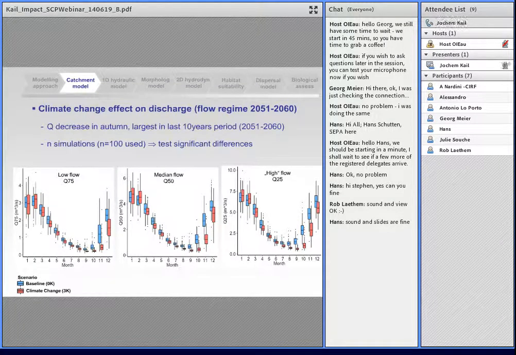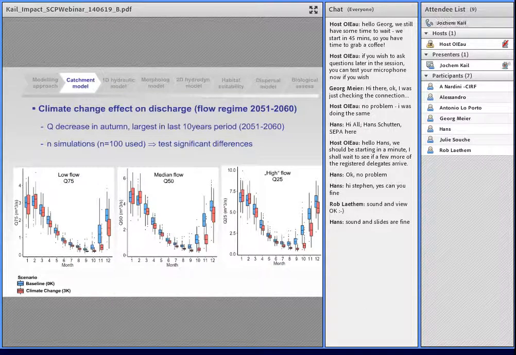So these are the results for the Träne study catchment. You can see here three graphs which show the monthly values for the low flow, the median flow, and the high flow for the baseline scenario and the climate change scenario.